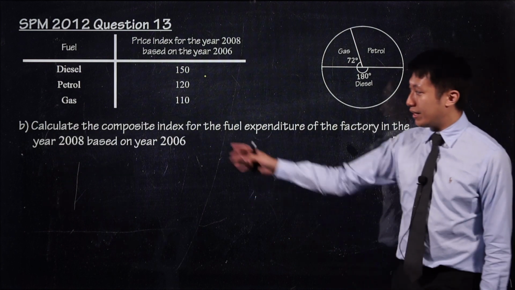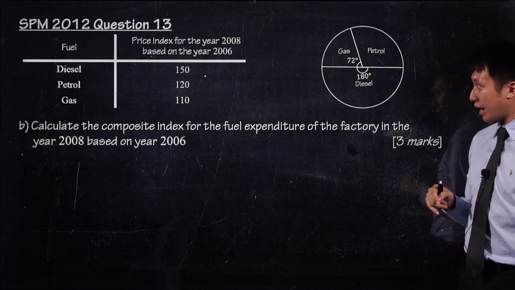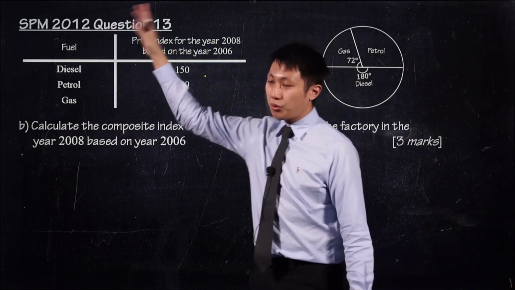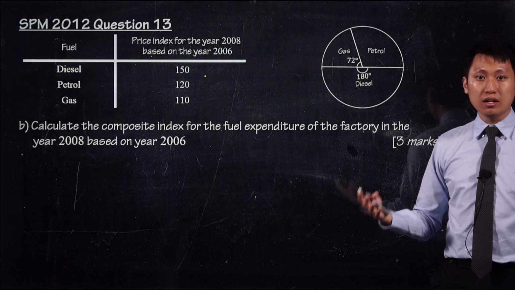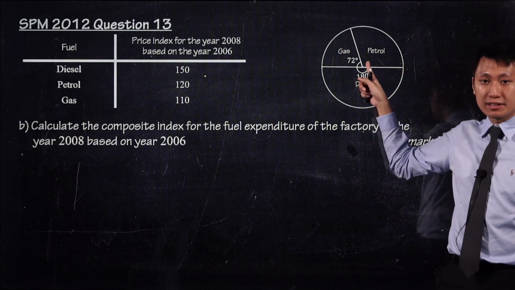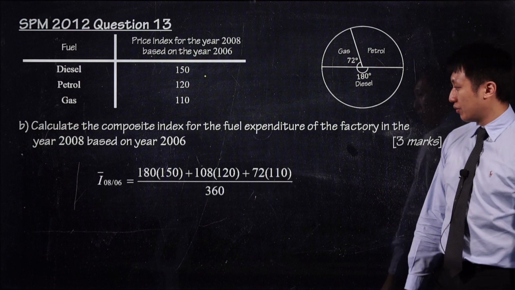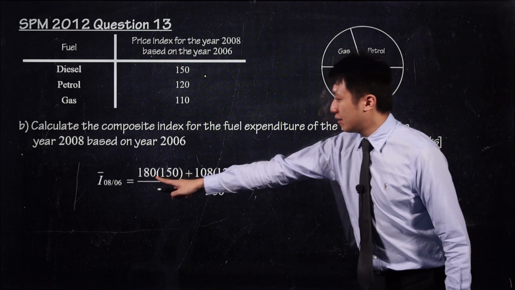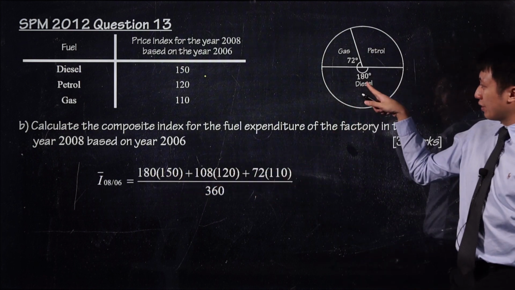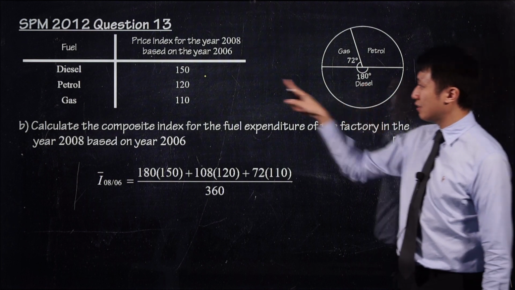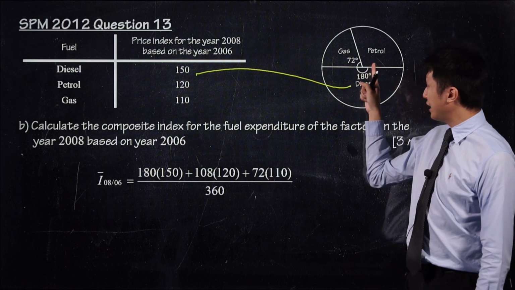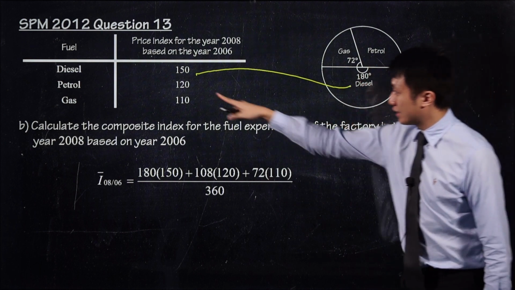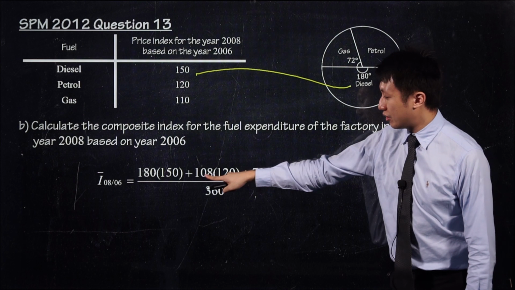Next, calculate the composite index for fuel expenditure. Fuel means this whole category, so you will need to use the weightage, which is the thing I said just now. Here 180 times 150, 150 because of diesel. Then 120 is here, multiplied by 108.